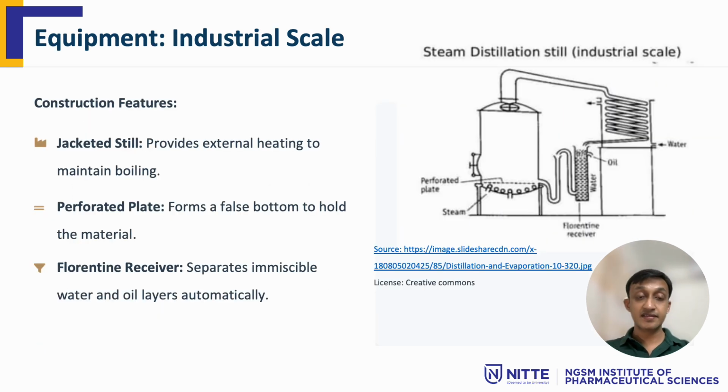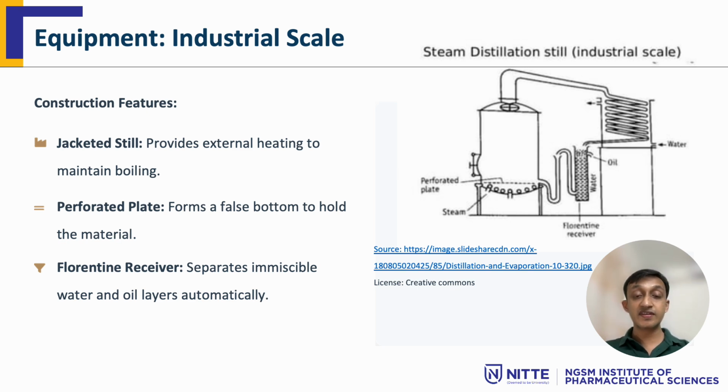Now, let us extend this understanding to the industrial scale steam distillation system, which is designed for large scale and continuous operation. In industrial practice, the basic principle remains the same, but the equipment is modified to improve efficiency, throughput, process control, and the central component is the jacketed still.